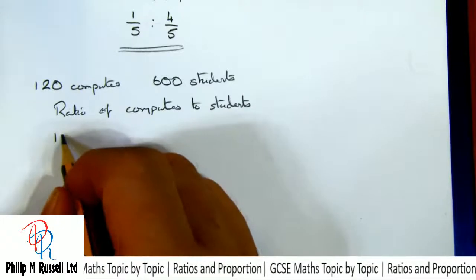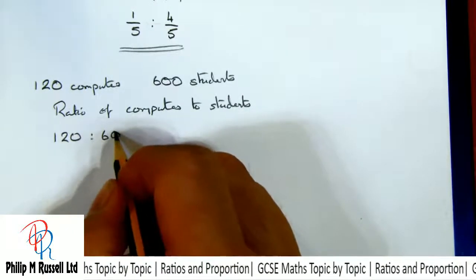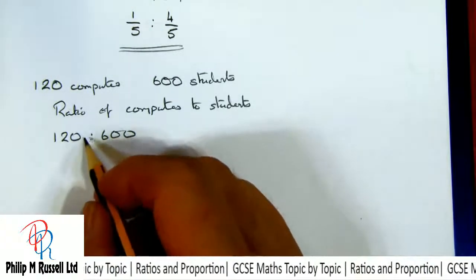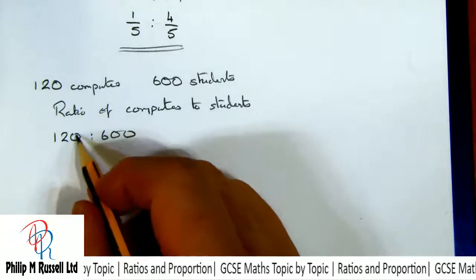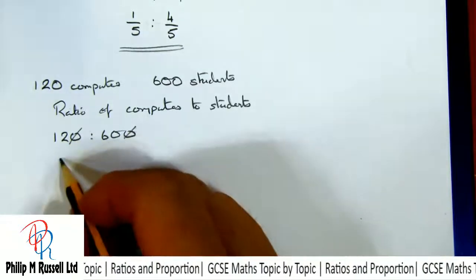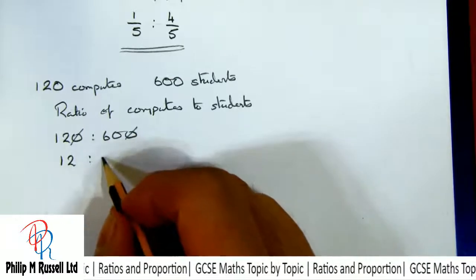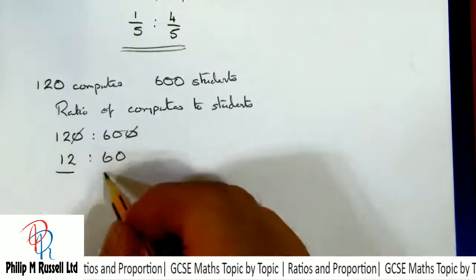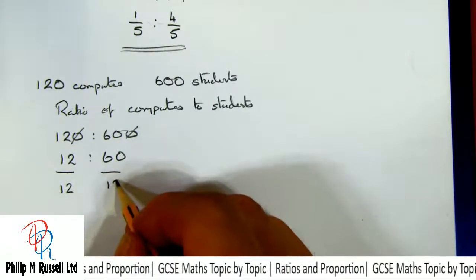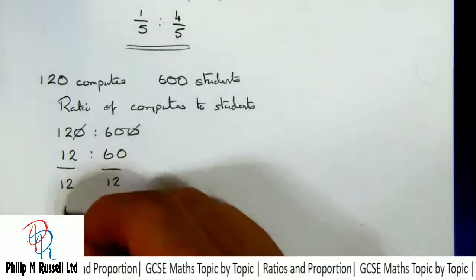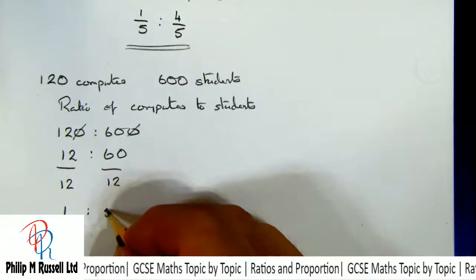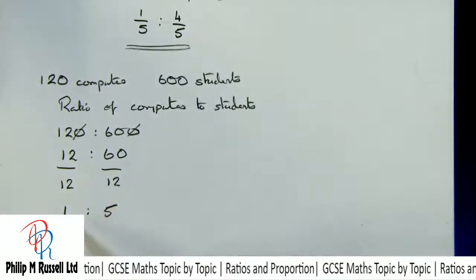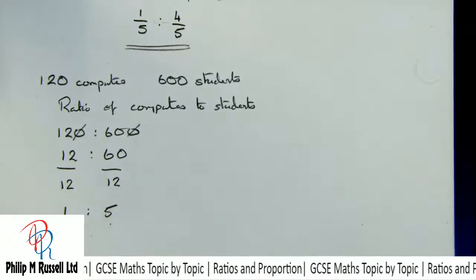So 120 to 600. Let's simplify this, and I'm not very good at dividing by 120, so let's divide both sides by 10, and now I've got 12 to 60. Let's divide both sides by 12. 12s into 12 goes 1, and 12s into 60 go 5. So here we've got a 1 to 5 ratio of computers to students.